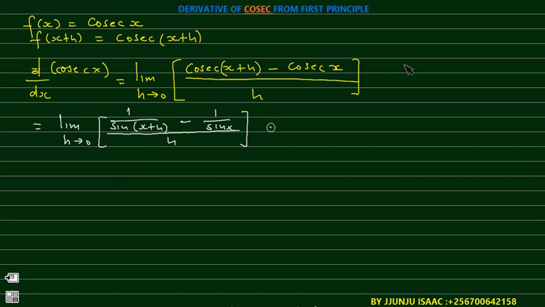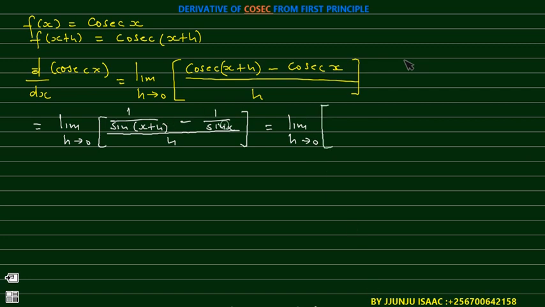Now, this is the same as the limit as h tends to 0. I'm going to simplify the denominator and put it under the same LCM.